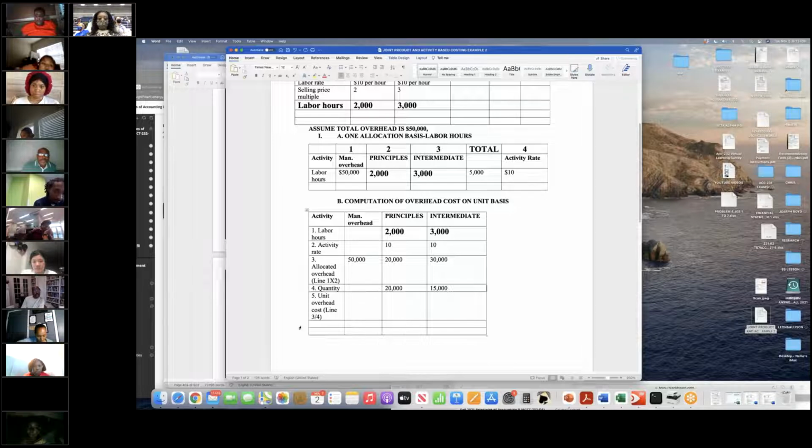It says what? Line 3 divided by line 4. So what's the unit overhead cost for principals? 1. Put a 1 down here. What's the unit overhead cost for intermediate? 2. That's smart, y'all.